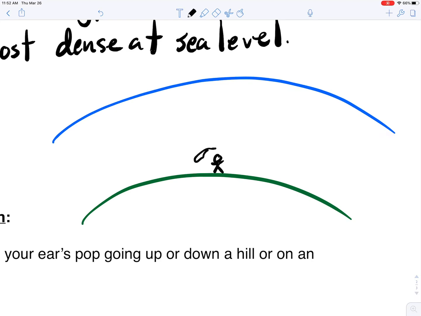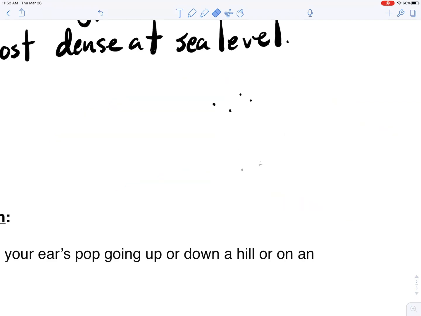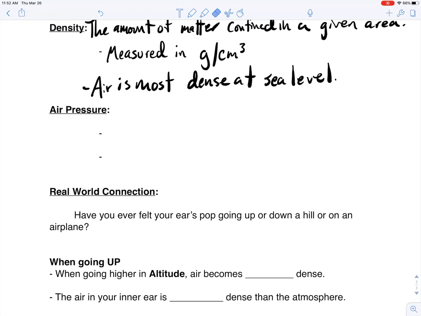Here we are. The air is most dense around us down here at this lowest level in the troposphere. The air gets really not very dense compared to down here where the air particles are much closer together. The higher up you go in the atmosphere, the less dense the air becomes generally. So let's clear that out.